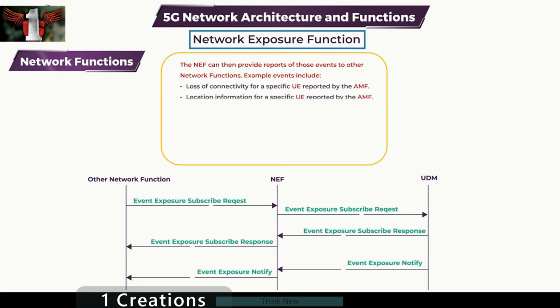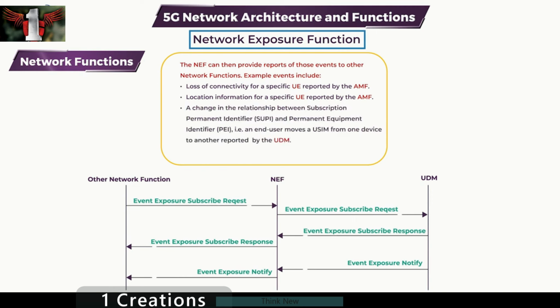Second, location information for a specific UE reported by the AMF. Third, a change in the relationship between subscription permanent identifier and permanent equipment identifier, for example when an end user moves a USIM from one device to another, reported by the UDM. Fourth, roaming status for a specific UE reported by the UDM.